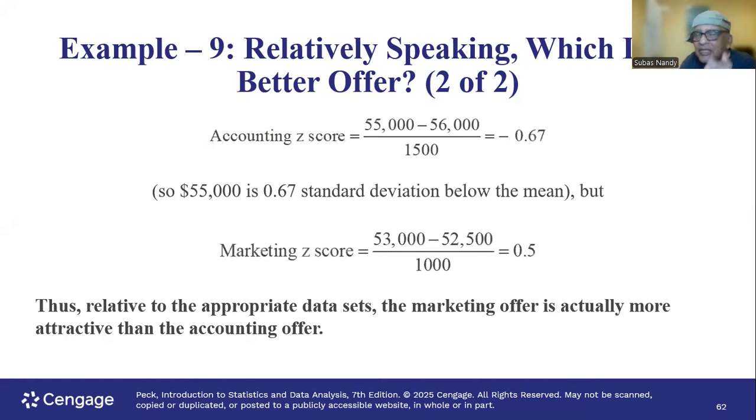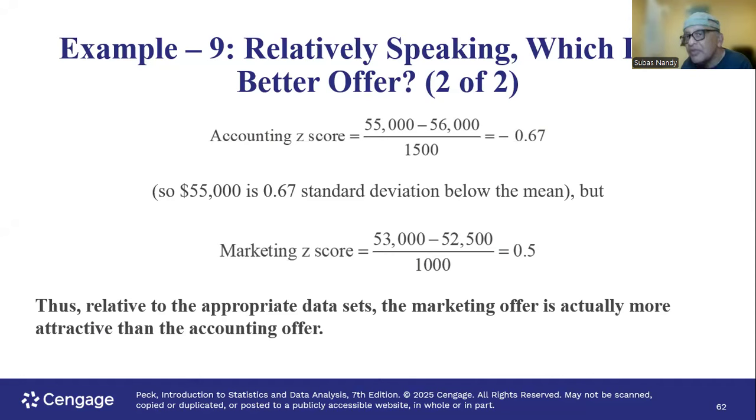So as I was saying, the accounting z-score is minus 0.67. Negative 0.67 means what? It means the salary that he or she got offered, 55,000, is 0.67 standard deviations, meaning 0.67 multiplied by the standard deviation, below the mean of 56,000.